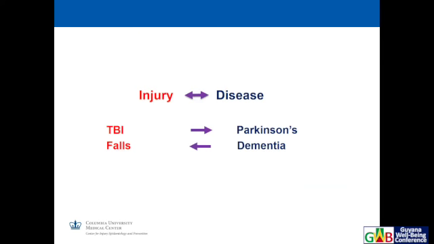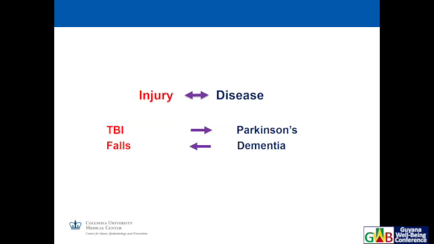So that table shows the differences between injury and disease. On the other hand, injury and disease are interrelated very closely, and there is an ever-growing body of literature documenting the complex dynamics between injury and disease. Again, this relationship is bidirectional. I listed some examples here: traumatic brain injury could increase the risk of Parkinson's disease and many other neurodegenerative diseases.